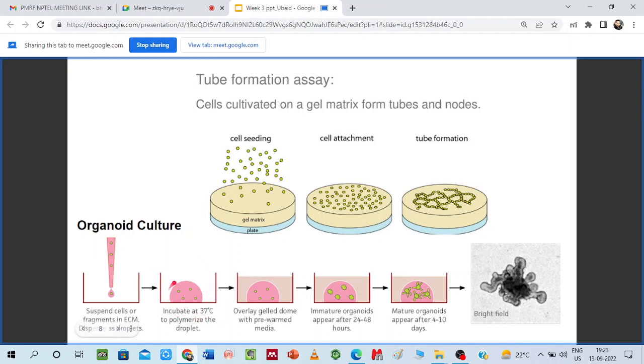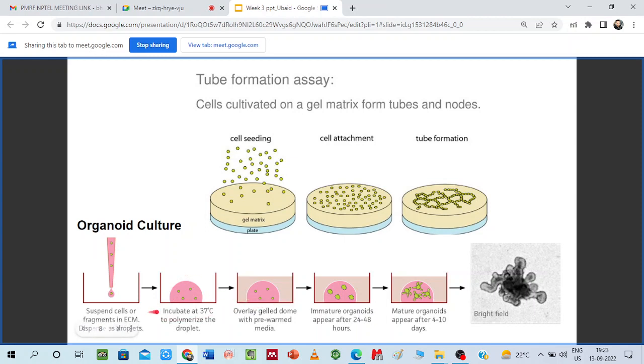So here the dome is formed. This matrigel is poured at a particular place on the plate, and this dome-shaped structure is formed like a small droplet. If this droplet is big, it's a dome-like structure.